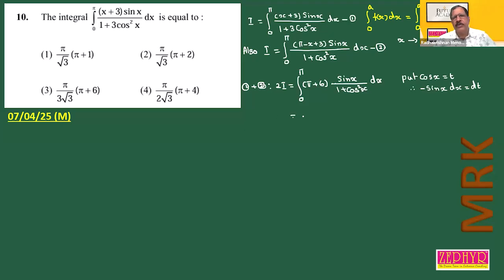So which is equal to pi plus 6 into, whatever lower limit, when x is equal to 0, cos 0 is 1. Upper limit cos pi is minus 1. Numerator is minus sin x dx, which will be minus dt.